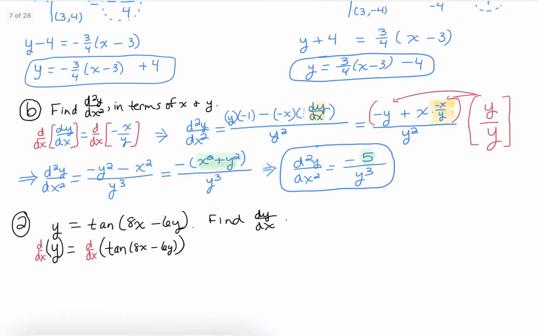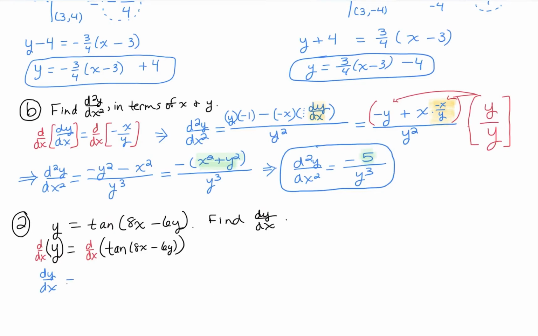On the left-hand side, the derivative of y is 1, and since I just differentiated y, I multiply by dy dx. If you think about it, every time we've been taking a derivative of y and calling it dy dx, it's kind of like doing this implicit differentiation process.